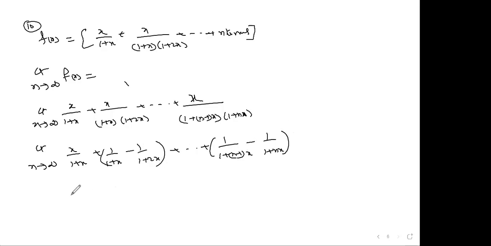You see, Nana, everything gets cancelled. The first two terms, if you add here, you get x plus 1 by x plus 1, and the rest all get cancelled. The left out one is only one thing: the last one, the biggest, 1 plus nx. Of course, this is 1. If you apply the limit, 1 minus 1 by infinity, so the answer is 1.